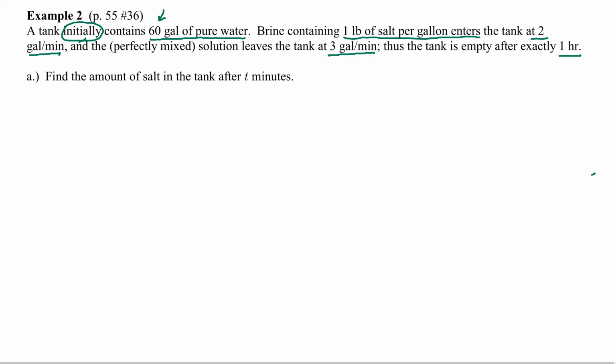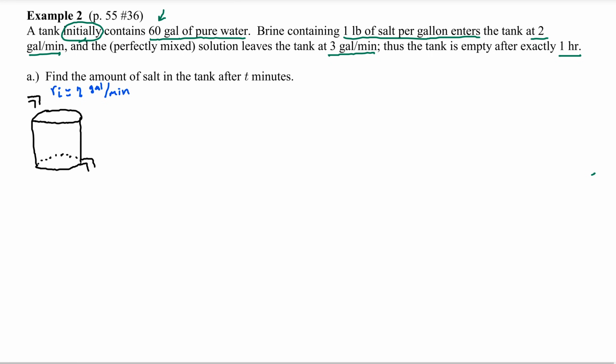So I'm going to go ahead and draw a picture because it helps me to visualize the problem. I hope it helps you as well. We have our tank. We have inflow and outflow. So I'm assuming a cylindrical tank here. We have inflow and we have outflow, some sort of drain. From the information in the problem, we're told that the rate of inflow is 2 gallons per minute.